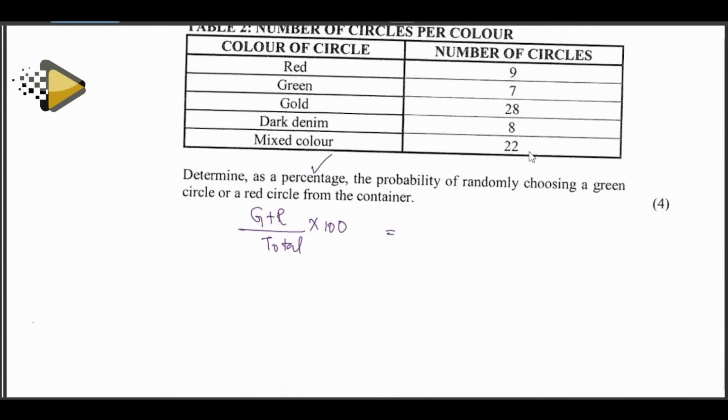So let's come here. Green, 7, red, 9, over how many? When we add these numbers, what do we get? We end up having 74, times 100. This is the same as 16 over 74 times 100. They said as a percentage, that's why we are multiplying by 100.